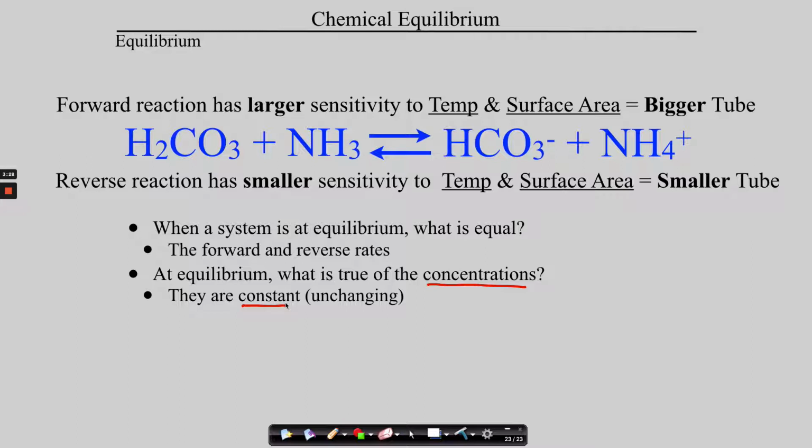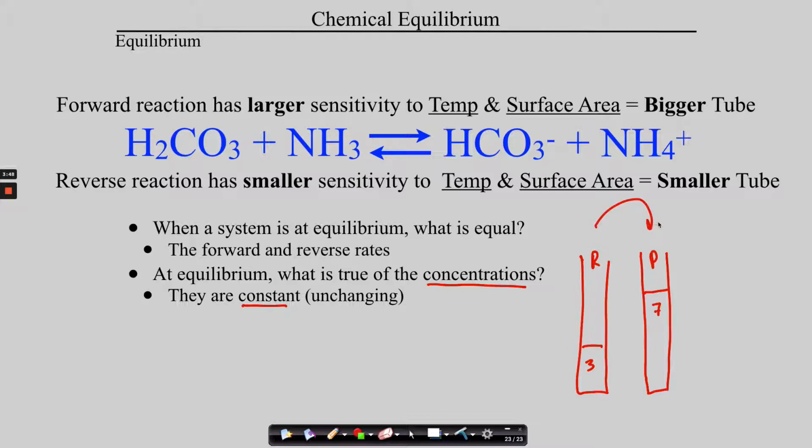If you remember back on the demo that Mr. Knappenberger did, you remember seeing that we had that reactant graduated cylinder and the product graduated cylinder, right? And it ended up with a ratio of 70 to 30, right? 7 to 3, as he was transferring water from one to the other.